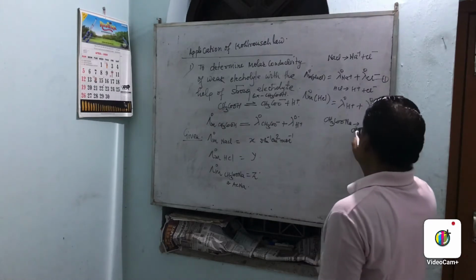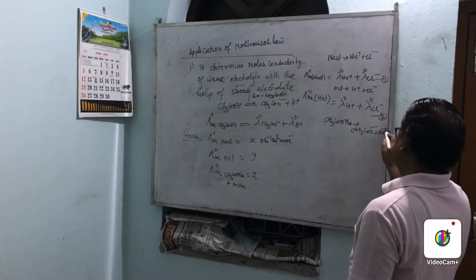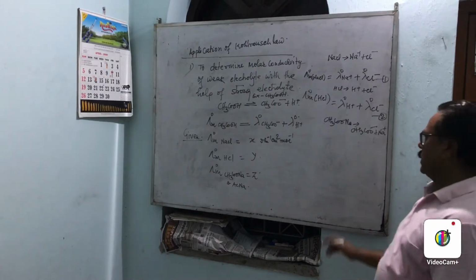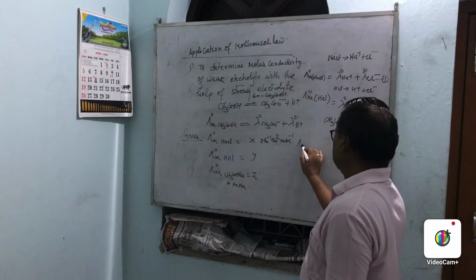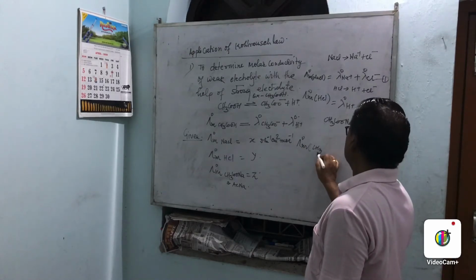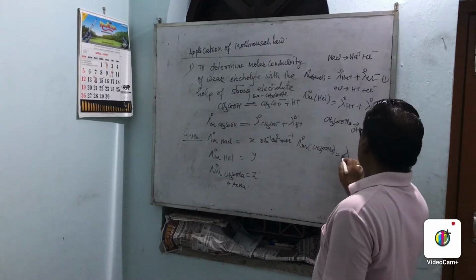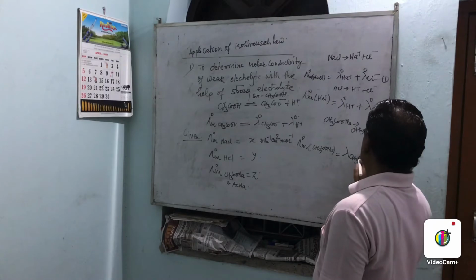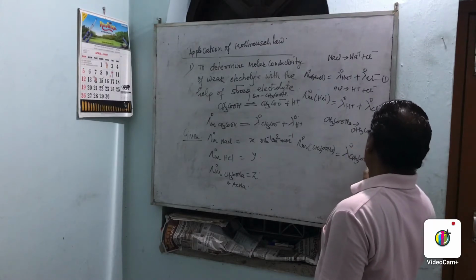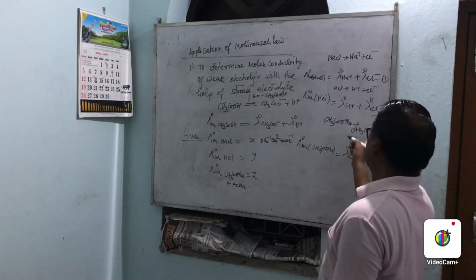It will dissociate to give CH3COO minus and Na plus, so its molar conductivity can be written as the ionic conductivity of acetate ion plus that of sodium ion, all at infinite dilution.